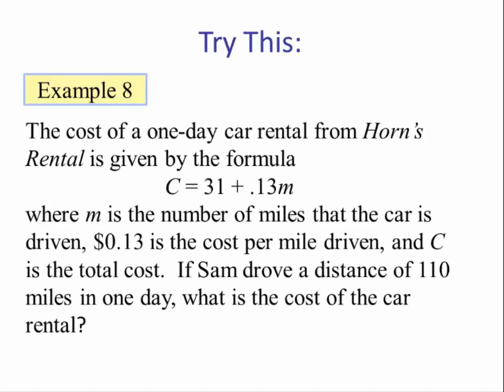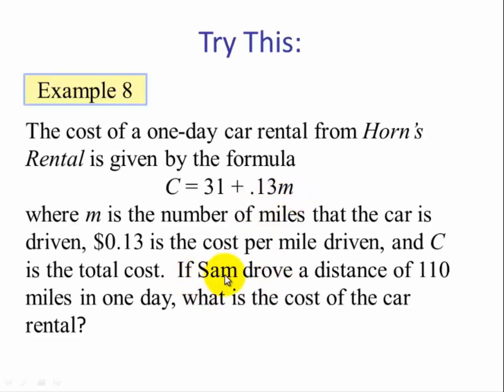If Sam drove a distance of 110 miles in one day, what is the cost of the car rental? So we have our two variables here, m and c. M is the independent variable, c is the dependent, because total cost depends upon the miles driven.